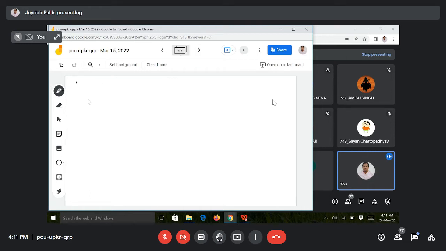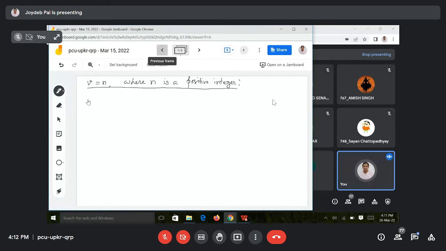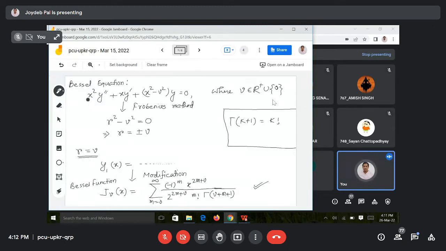If nu is equal to n, a positive integer, it is a special case. Normally nu is a positive real number, maybe 0. But if nu is a positive integer, then J nu x can be written as J n x, because nu is equal to n.